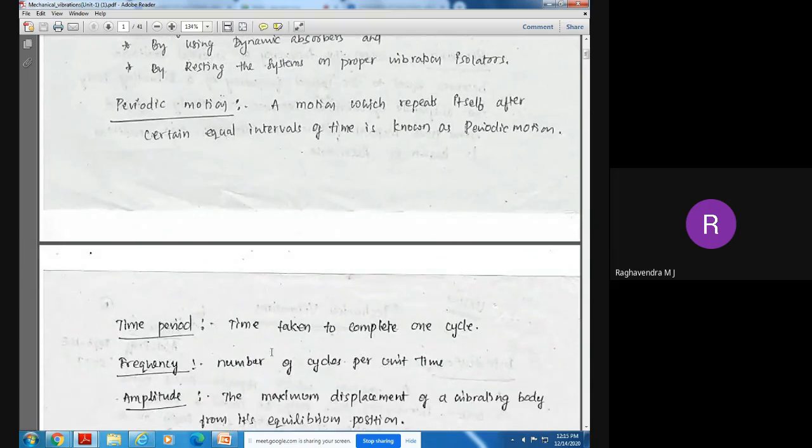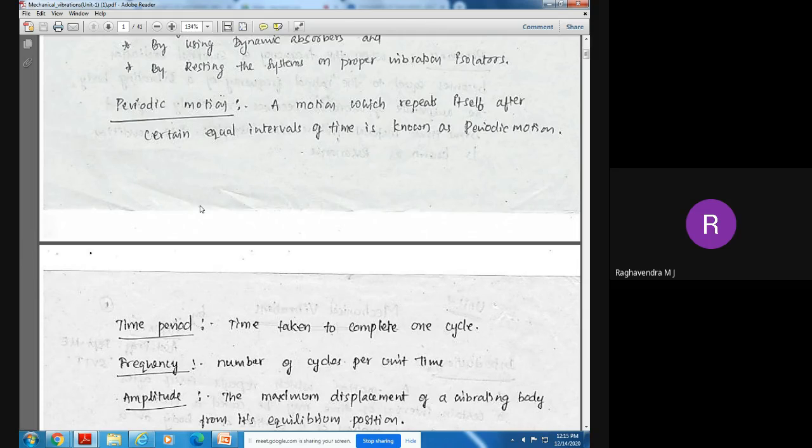Next, some of the important definitions with respect to vibrations. First one is periodic motion. What is periodic motion? I told you, a motion which repeats itself after a certain interval of time, or equal intervals of time, is known as periodic motion. For example, take a simple pendulum.